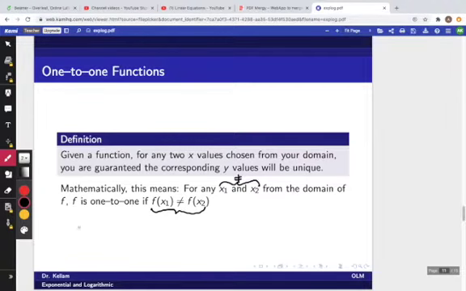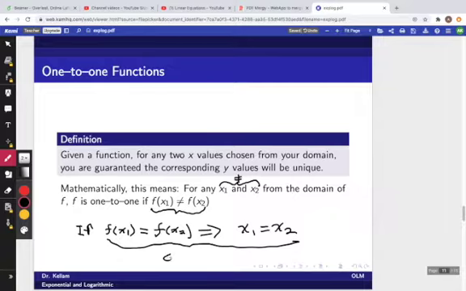So generally, we look at if f of x1 equals f of x2 implies that x1 equals x2, then this means that we have a one-to-one function.